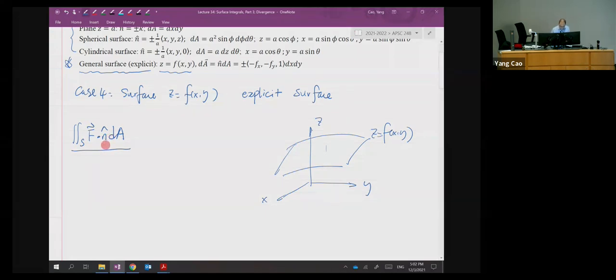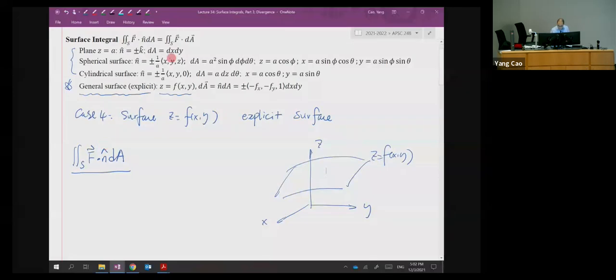Now, the typical approach for the other three surfaces, as you can see here, is that you need to identify what n hat is. For plane, spherical, and cylinder, you identify n hat, and you also identify dA. The dA for plane is this, for spherical is this, and for cylindrical is this.